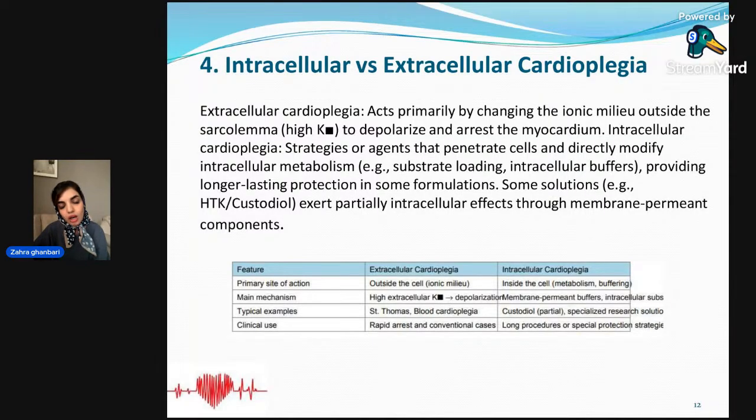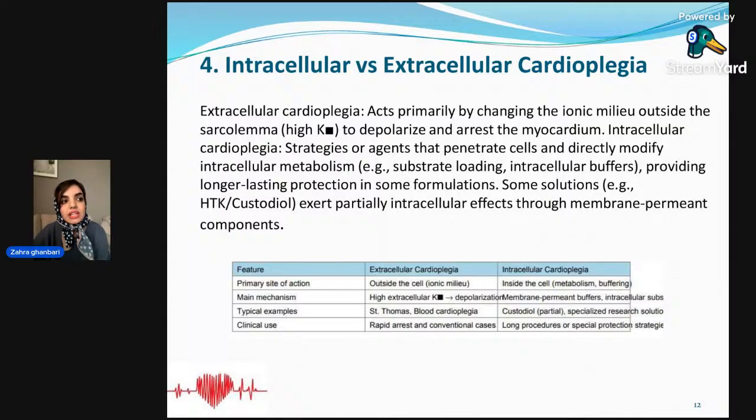The lights go off immediately, but the appliances inside are still warm. Versus that is intracellular cardioplegia, which penetrates the cell and modifies metabolism directly, preserving ATP, controlling acidosis, and giving longer protection.